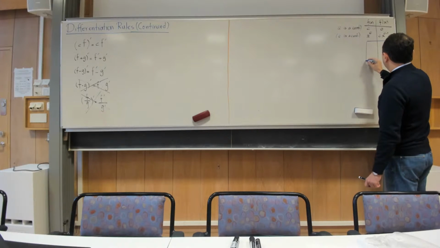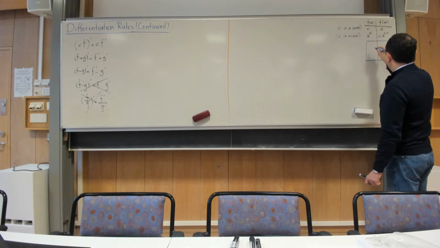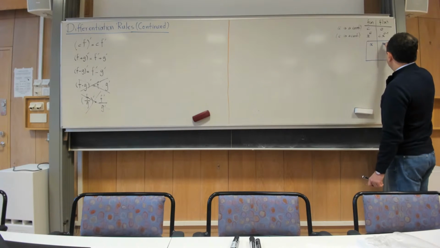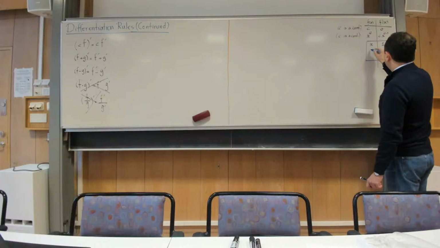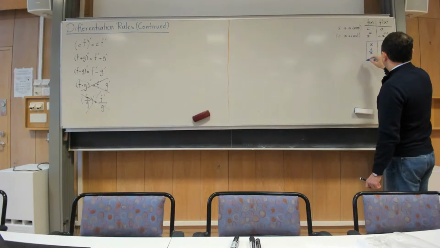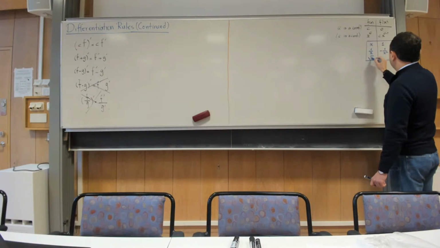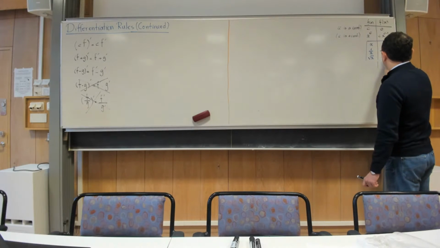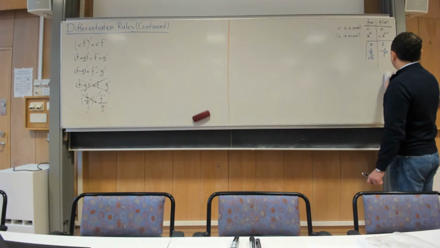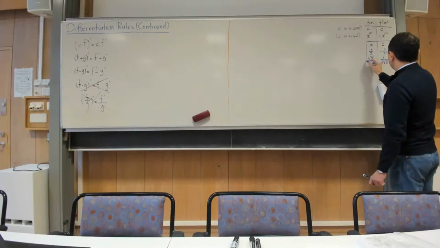So let me write them in blue. Yes. So I have here x. The answer is 1. If I have 1 over x, the answer is minus 1 over x squared. And if I have the square root of x, the answer is 1 over 2 square root of x.